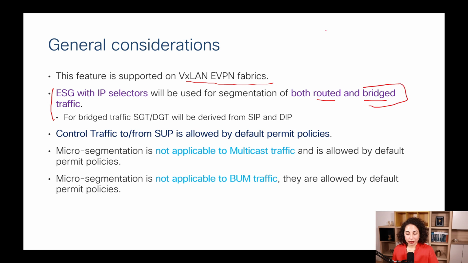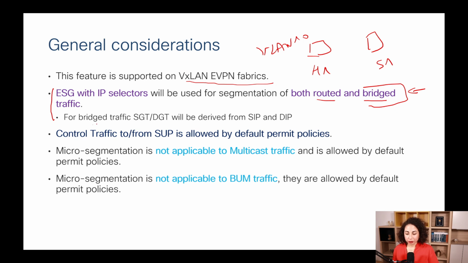It means that when we have a communication between our host 1 and our server 1, even if both of them are in the same subnet, for example in VLAN 10, in order to match host 1 with its security group, we will still rely on host 1's IP address, not on host 1's MAC address. This is what this sentence means.